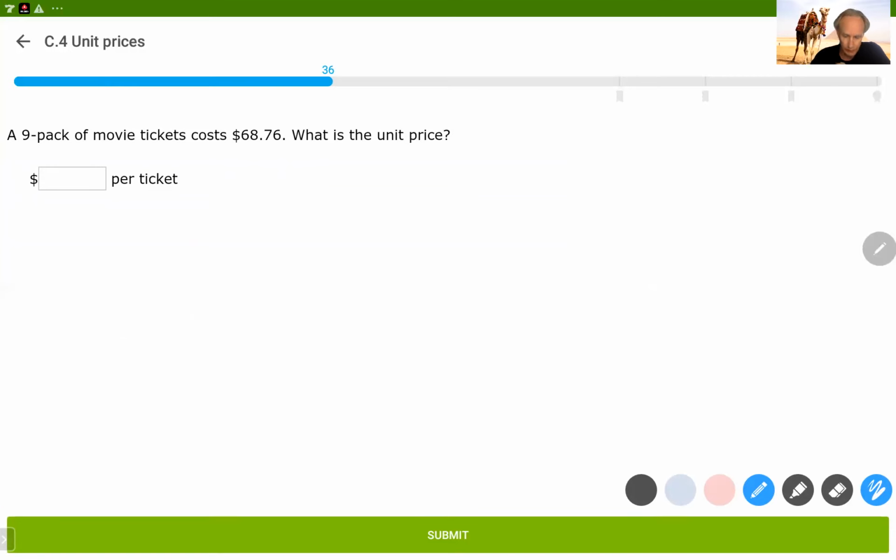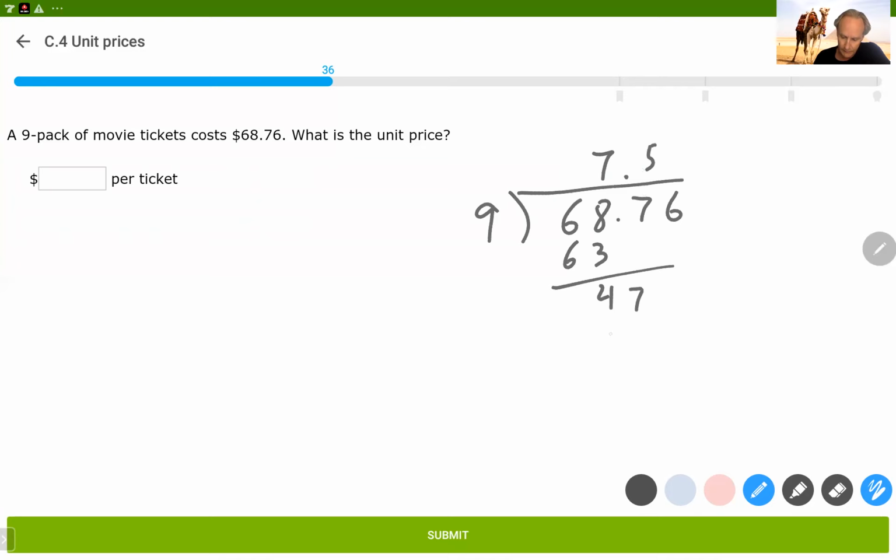What is the unit price? 9 into 68.76. Decimal goes straight up. 7 times 9 is 63. That's 47. That's 5. And that's 45. And 26. Interesting.